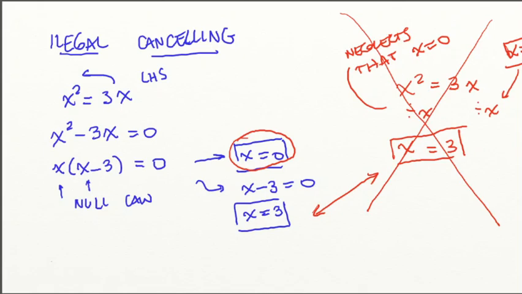Now, what if we had a completely different problem? How would you solve x squared plus 3x is equal to 28? Try it for yourself. Now, to solve this, first we would get everything to one side of the equation.